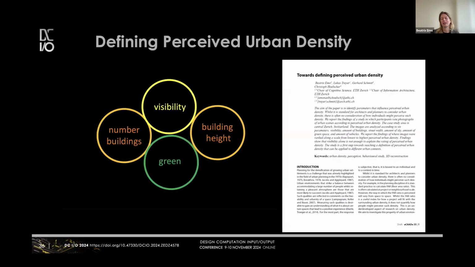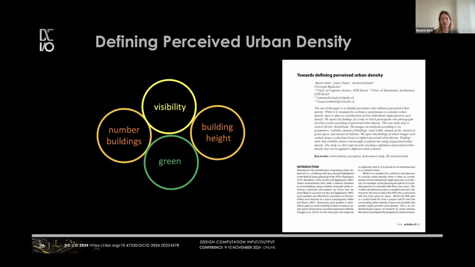And the findings were that visibility, so how far you can see, was really important for deciding how dense participants rated the photographs. And all these four factors together were the most important. So visibility, how far you could see, the amount of green, the number of buildings, and the building height.